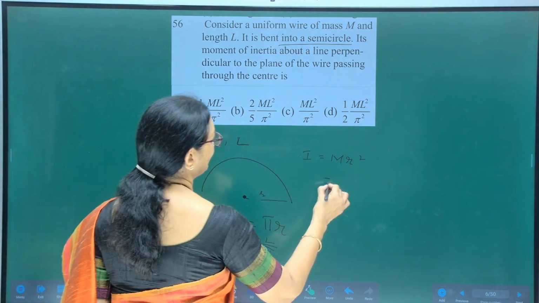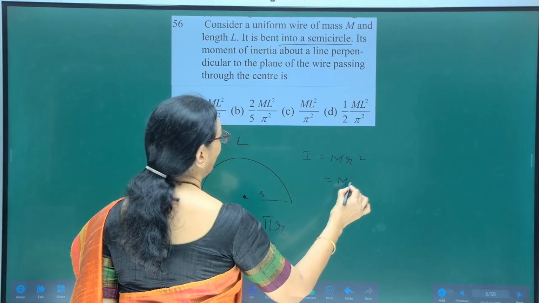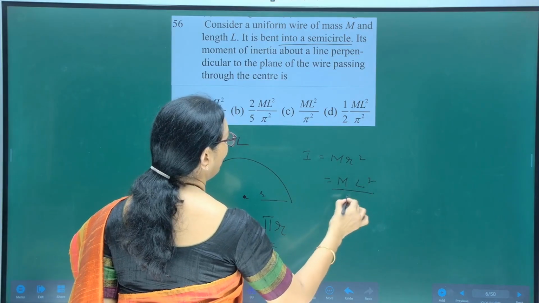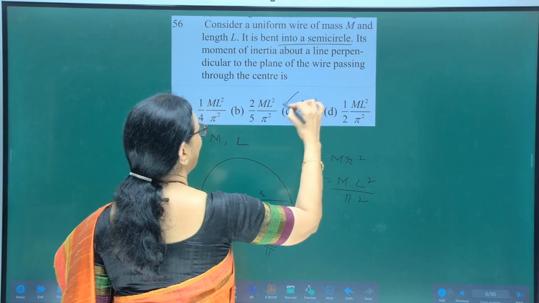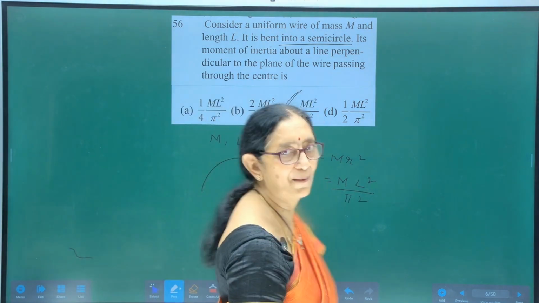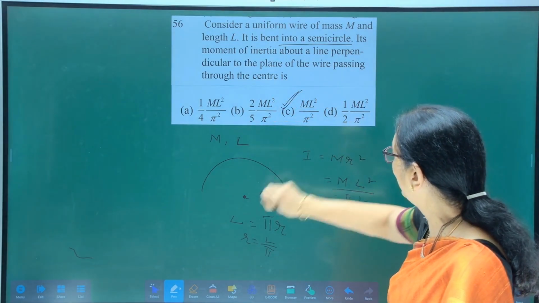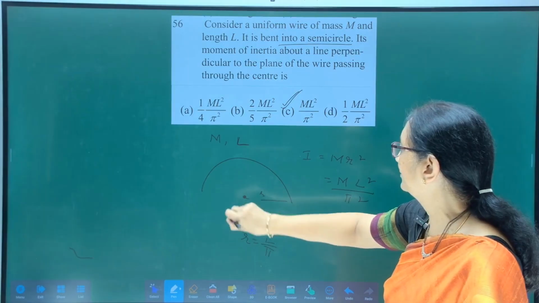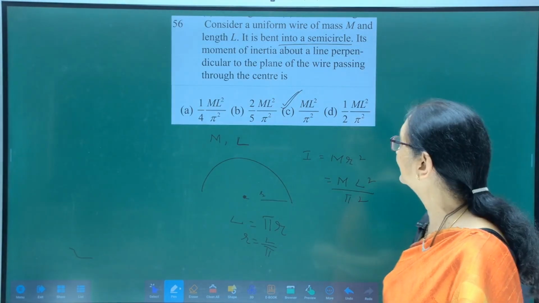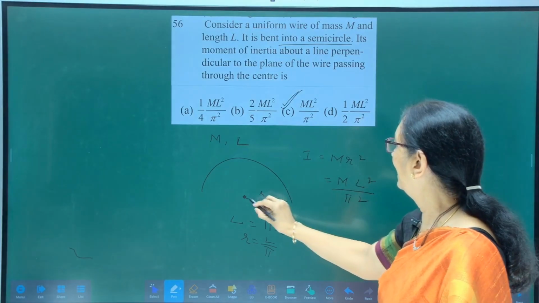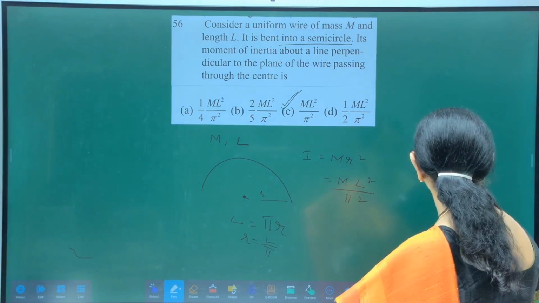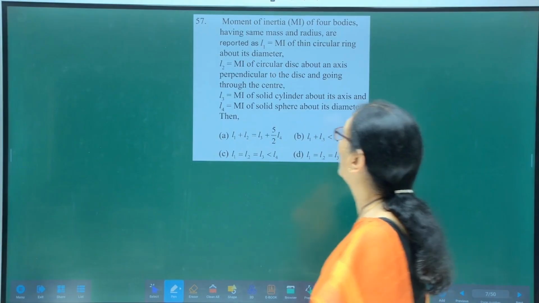So just substitute that over there: mL square by pi square. That is the correct option for that problem. Here you are supposed to find the moment of inertia about a line perpendicular to the plane of the semicircle and passing through the center. Okay. Move on to the next problem.